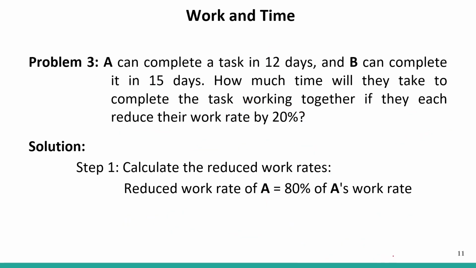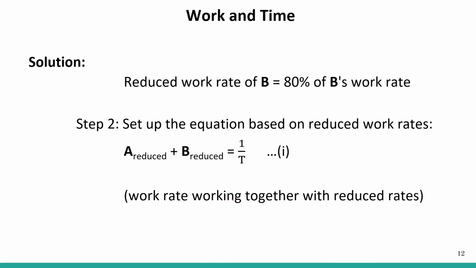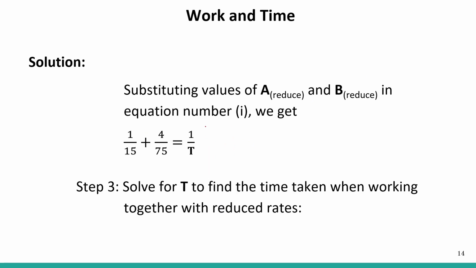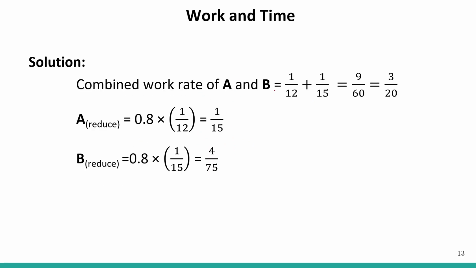So how many days will it take for both of them to complete the task? A reduced plus B reduced is equal to 1 by T. A reduced is 1 by 15 and B reduced is 4 by 75, as we have evaluated here.